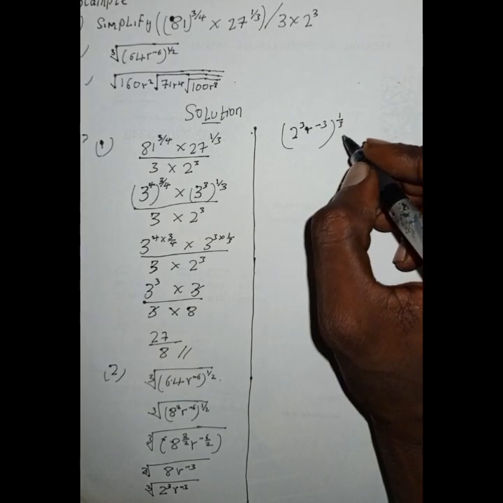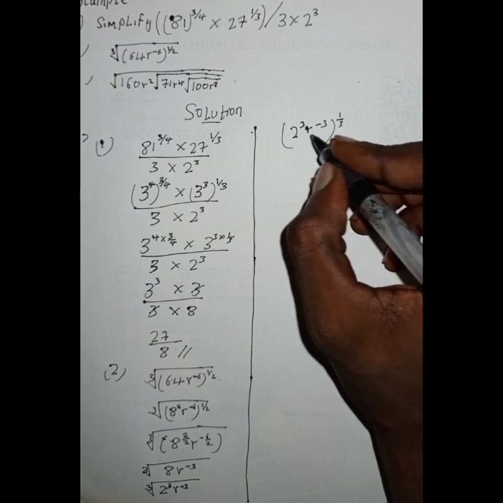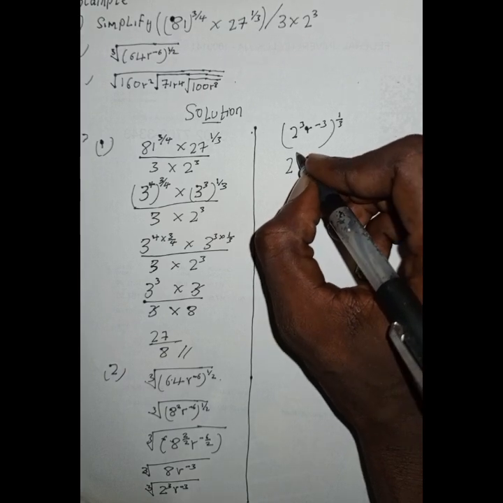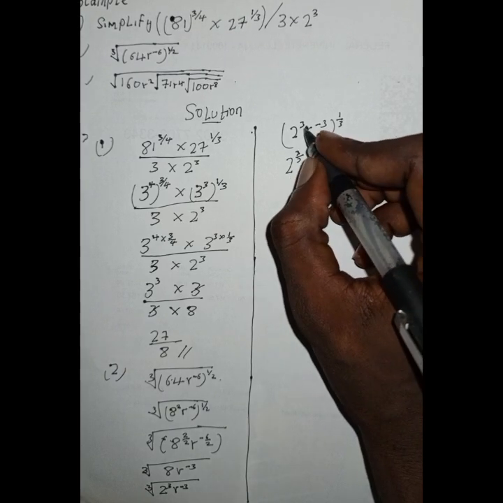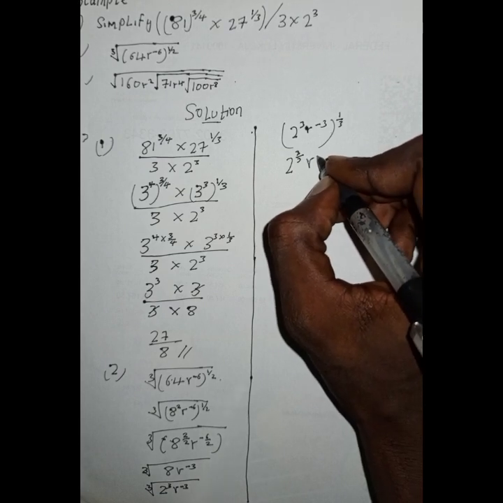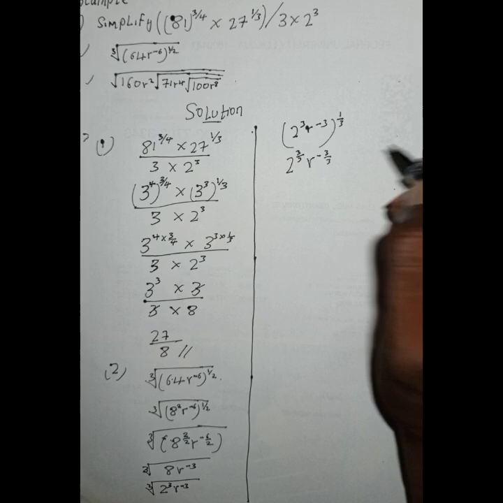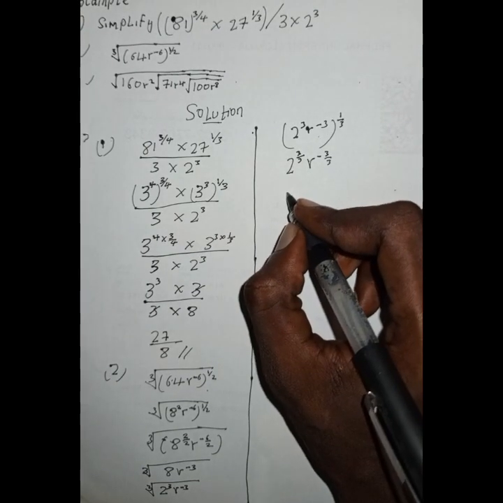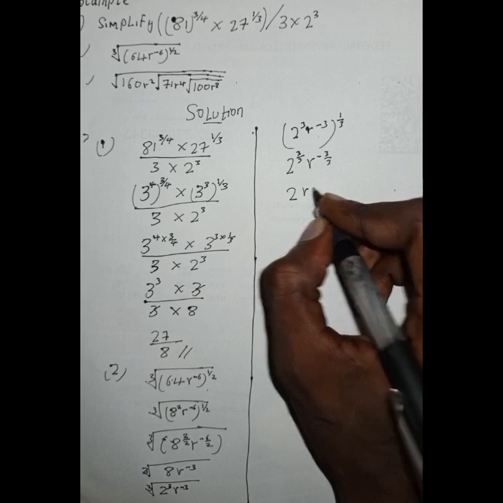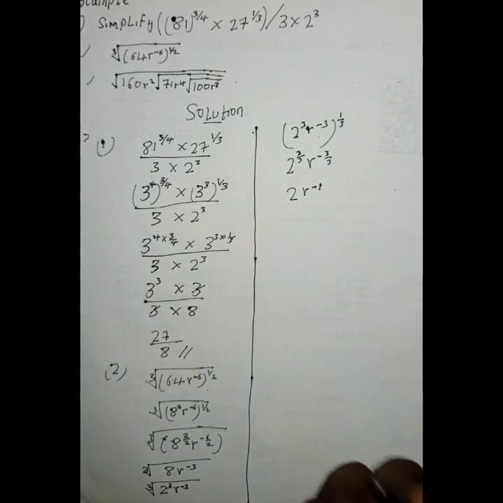So I can write this as this. Then I do the same thing, multiply the power inside and the power outside of the bracket. So I have 2 raised to the power of 3 over 3. 3 times 1 over 3, 3 over 3. r times minus 3 times 1 over 3, over 3. So I'm left with 3 over 3, 1. r raised to the power of minus 1. So that's what I'm left with.